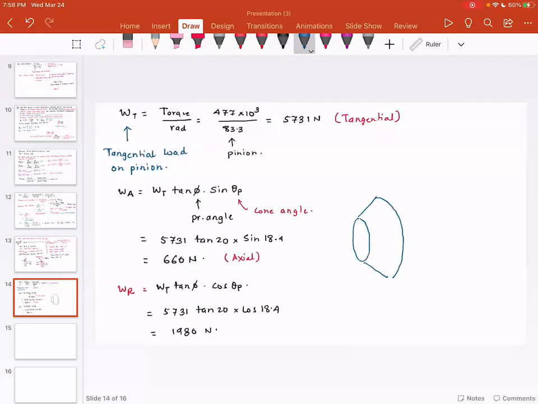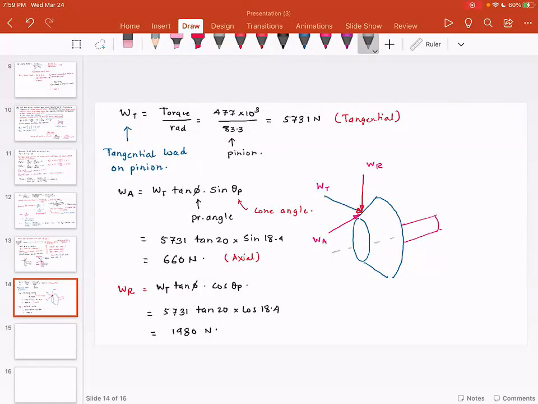So once again, let's look at the figure. This is how the bevel gear is. On this bevel gear, we have a tangential load, a radial load, and an axial load. So WT, WR, WA. Now, one thing to observe is that WA is giving a bending moment.